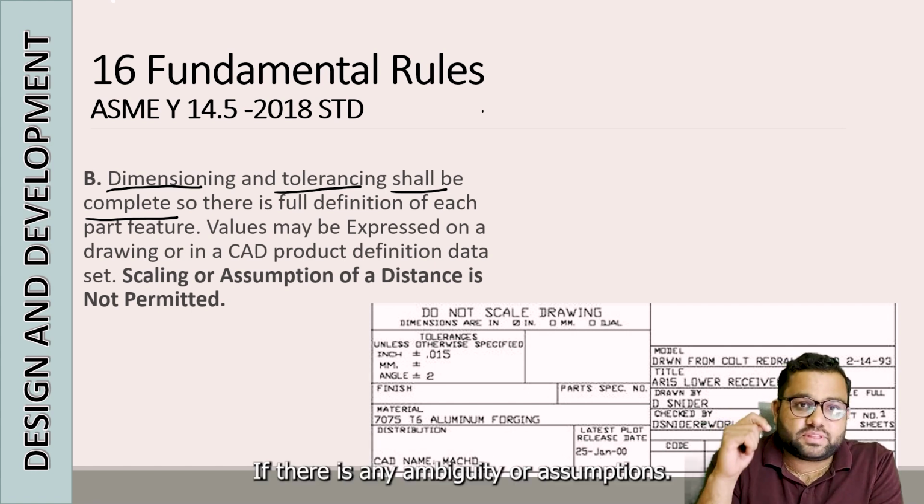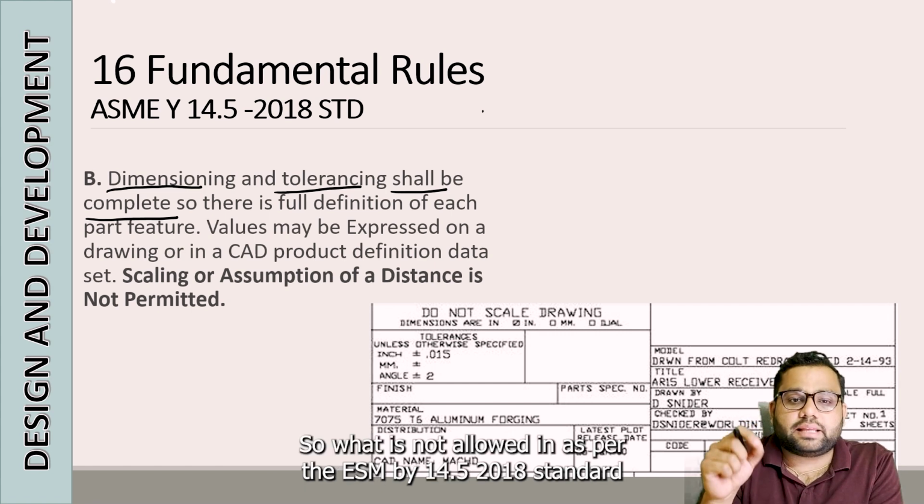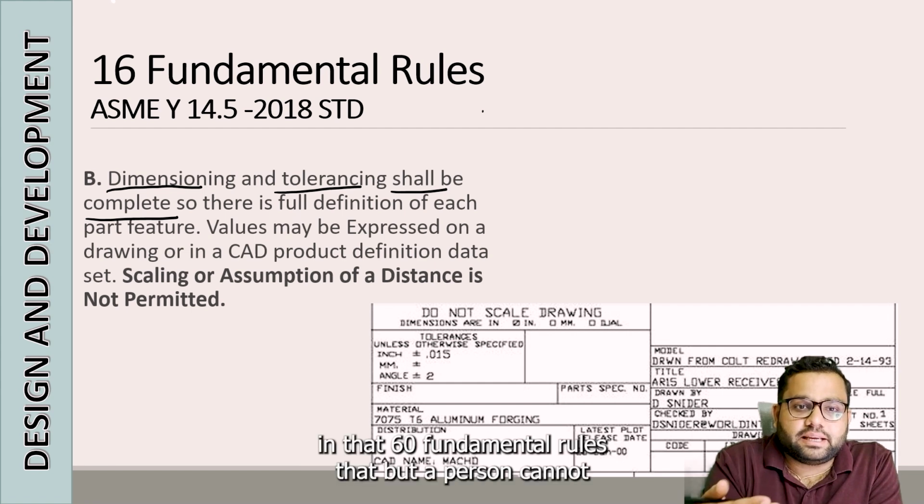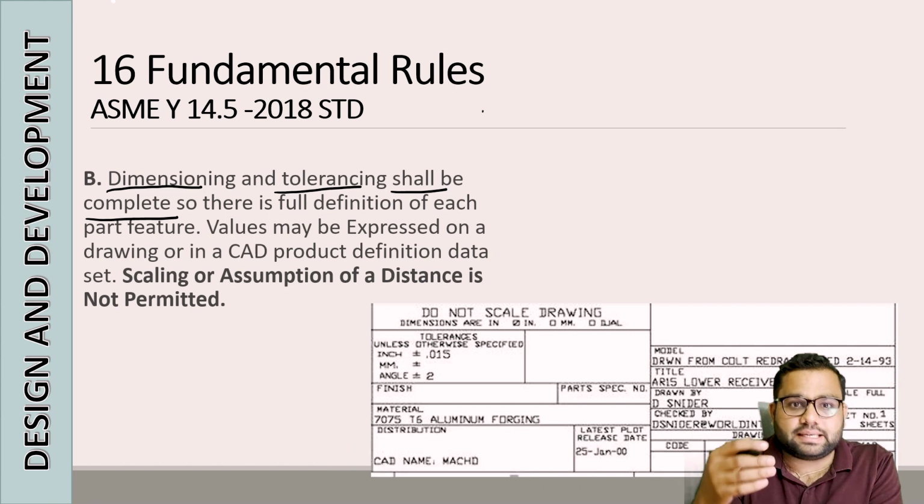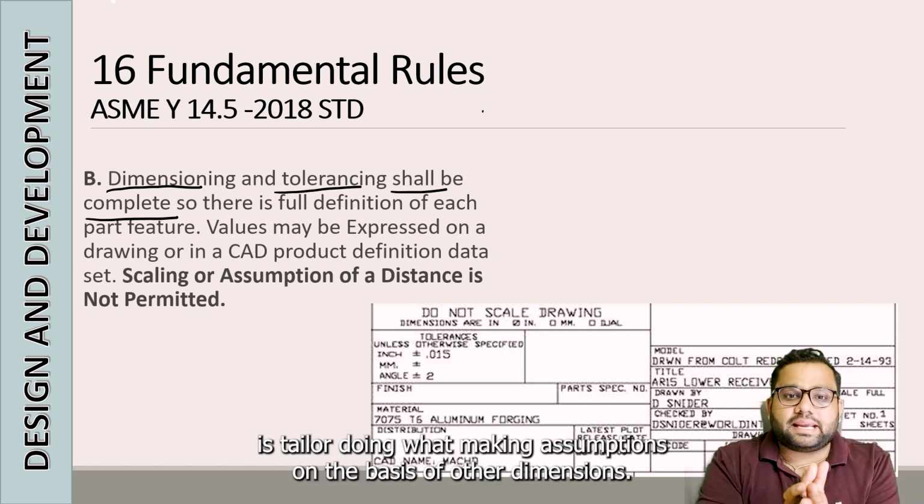If there is any ambiguity or assumptions, what is not allowed as per the ASME Y14.5 2018 standard in the fundamental rules is that a person cannot scale a drawing or make assumptions on the basis of other dimensions.